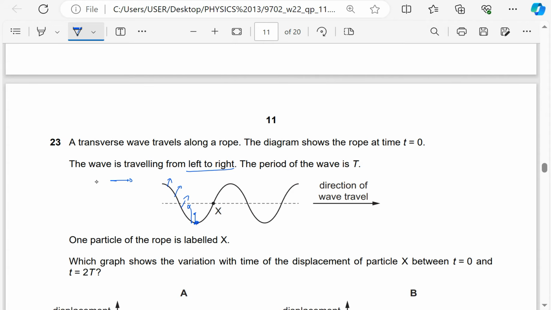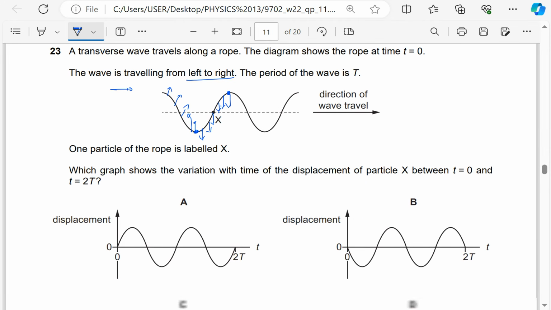After this particle here, particles on this side must be vibrating downwards. A particle here must be at rest. At this point here, the particle has reached the maximum displacement, so it's temporarily at rest.